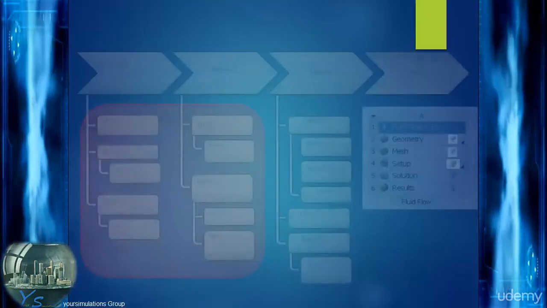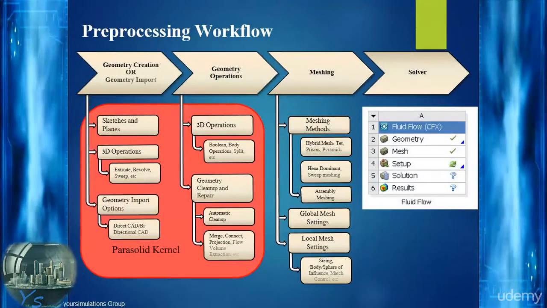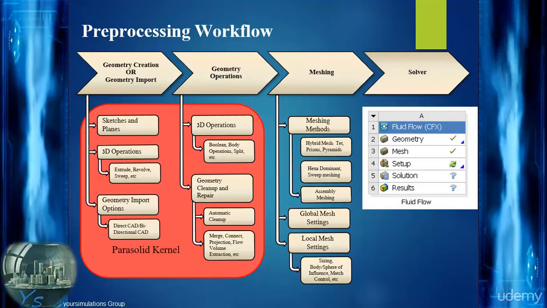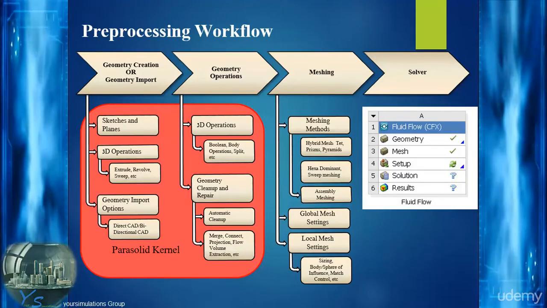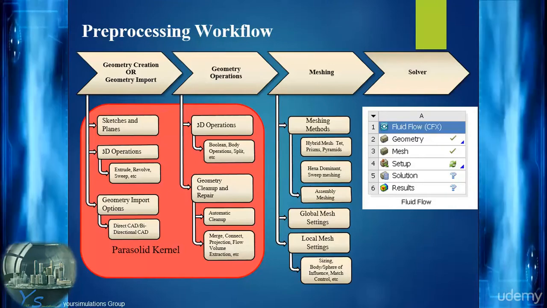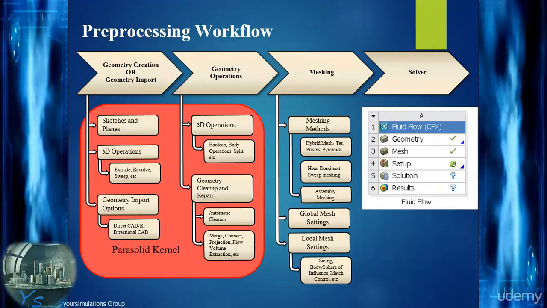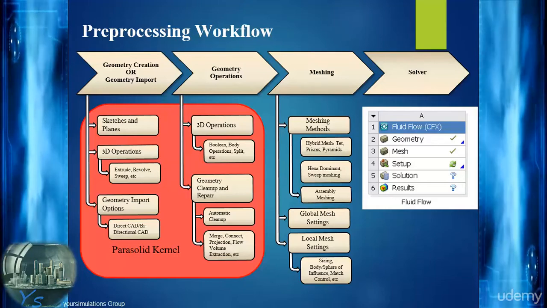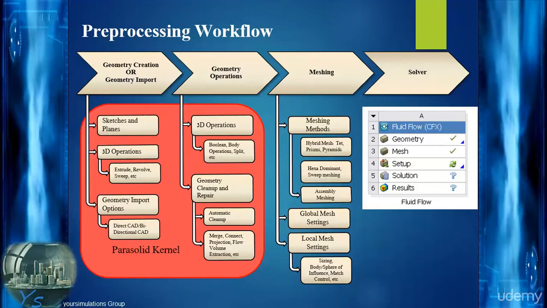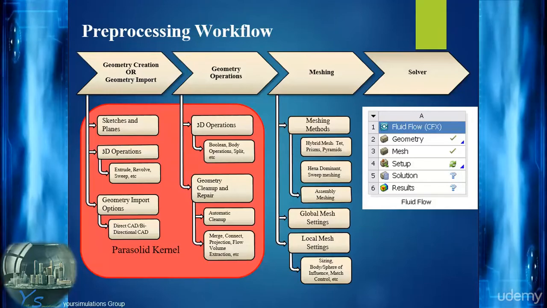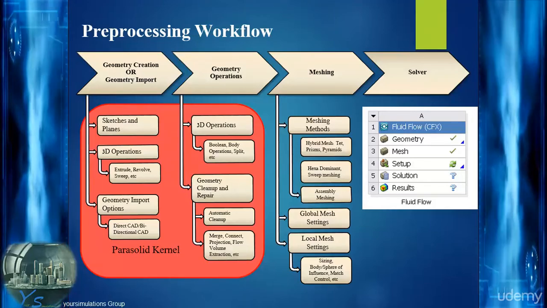Okay, so here we can see a slide which demonstrates the pre-processing workflow and how the geometry steps fit into this workflow. So at the top, the chevrons at the top, we can see the process from left to right of importing or creating the geometry, performing some geometry operations if needed, moving to meshing and solving.